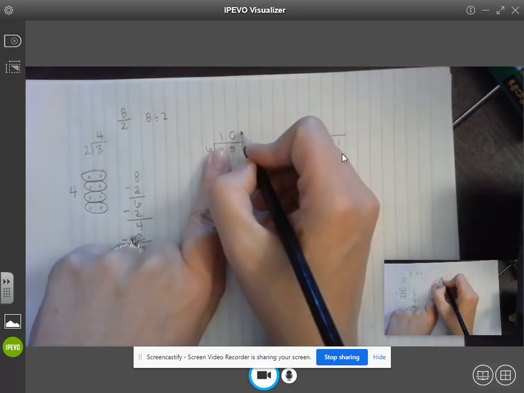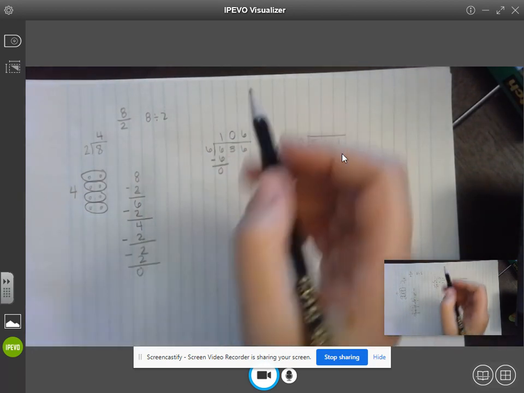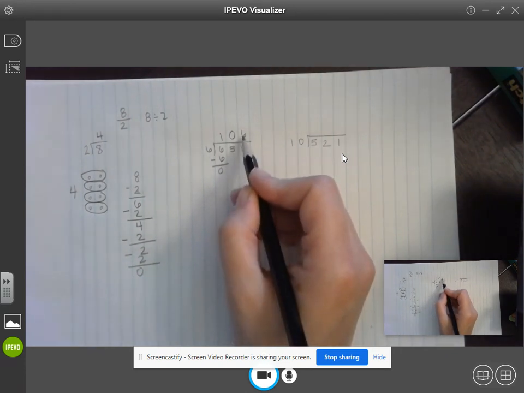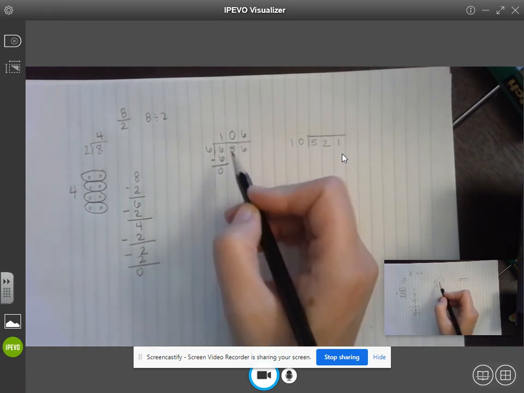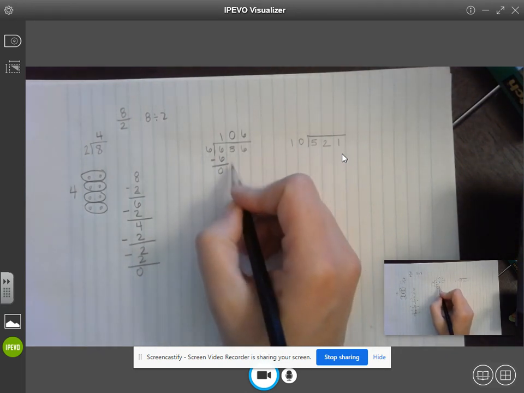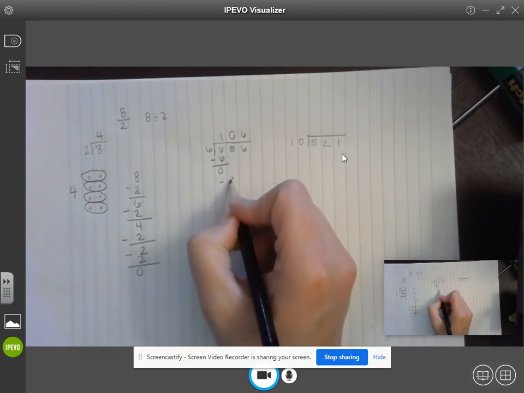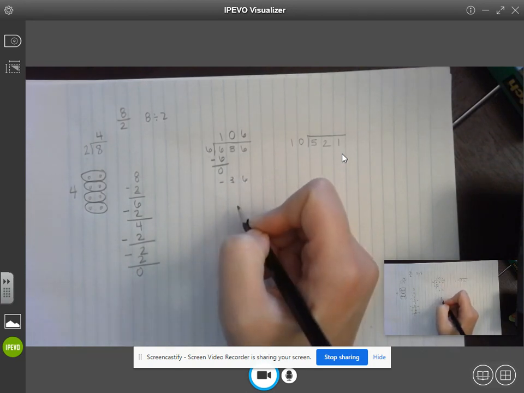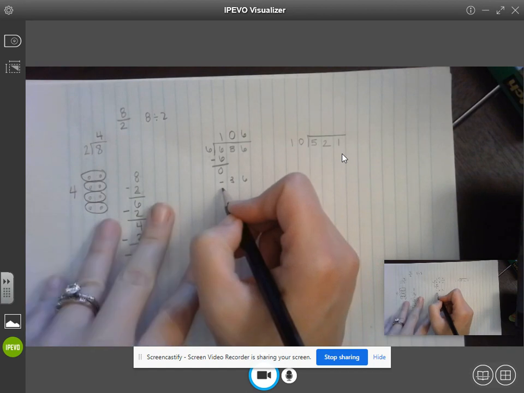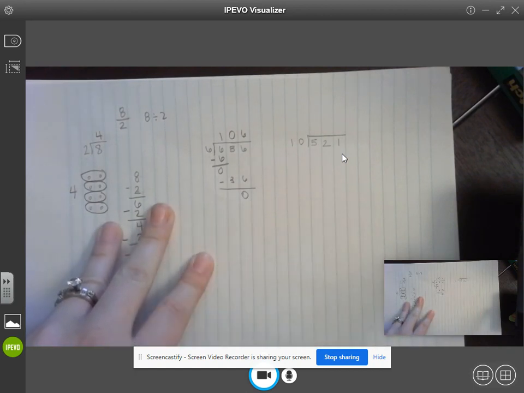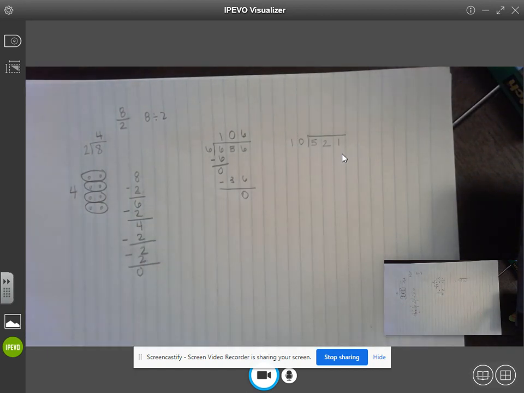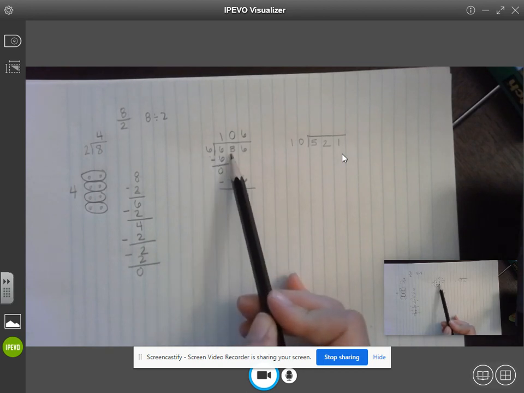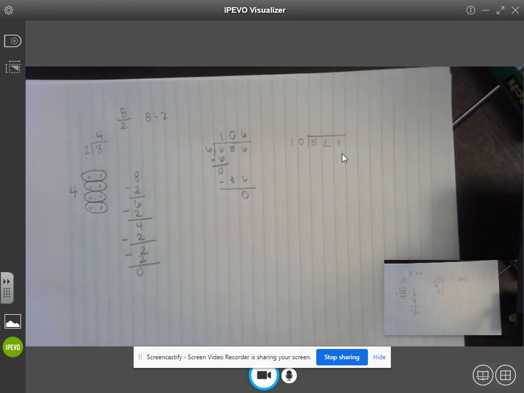So we would put a 6 above here, and then 6 times 6 is 36. So let's do 36 minus 36. I'm just writing down here to give myself some room. And that gives us 0. So what that means is 6 goes into 636 exactly 106 times.